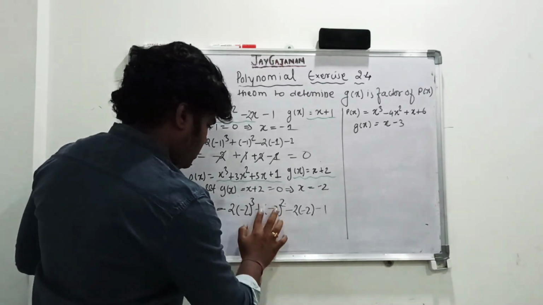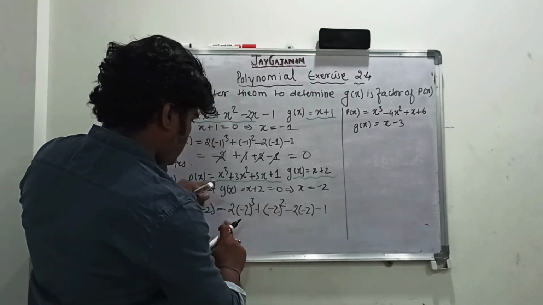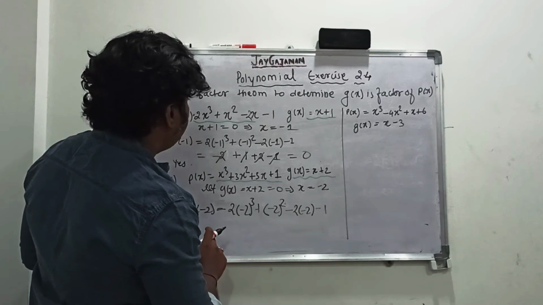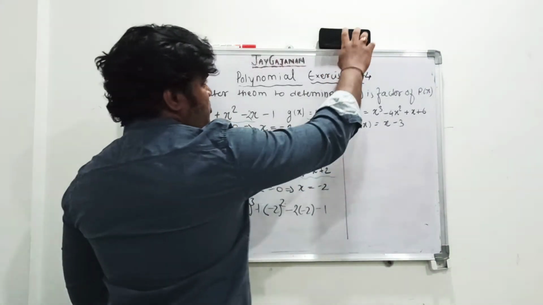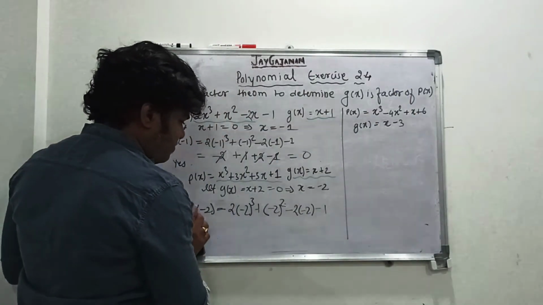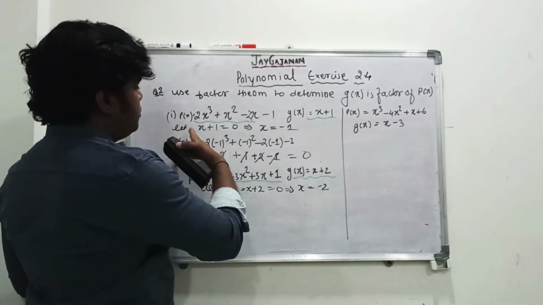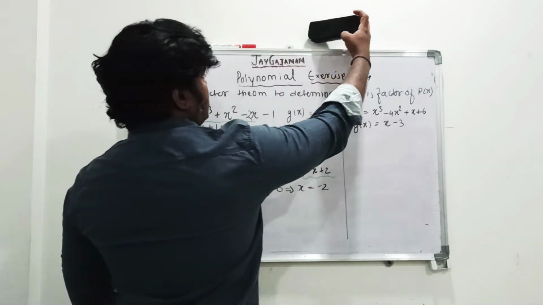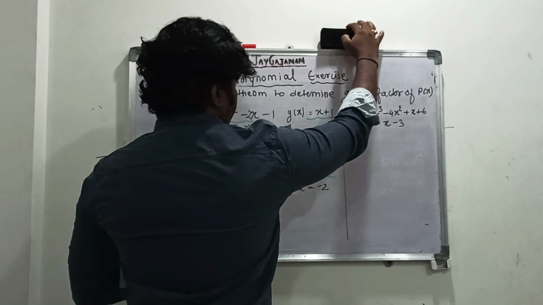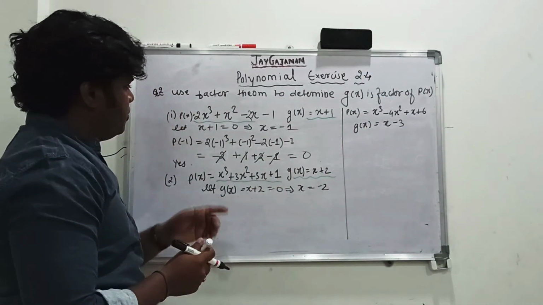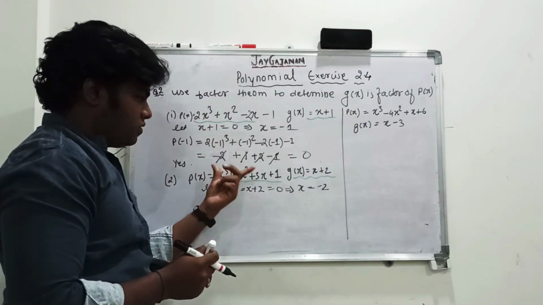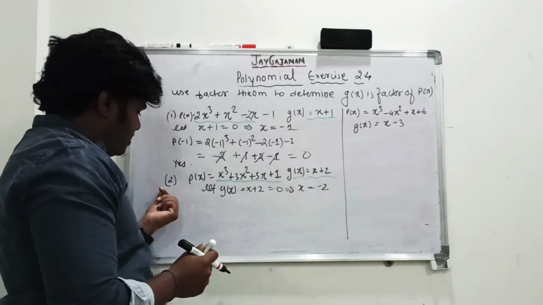Okay, no, sorry, this is minus 2. We have taken the wrong equation, I'm extremely sorry. Actually we have to use this equation. Not to worry, that can be practice for you. So now we have to take this equation because we are solving question number 2.